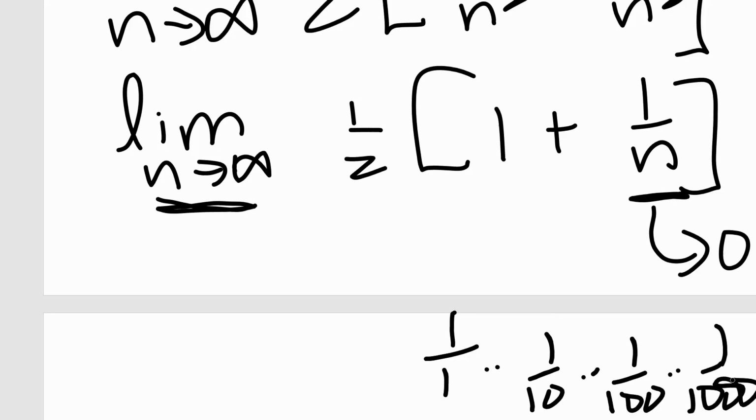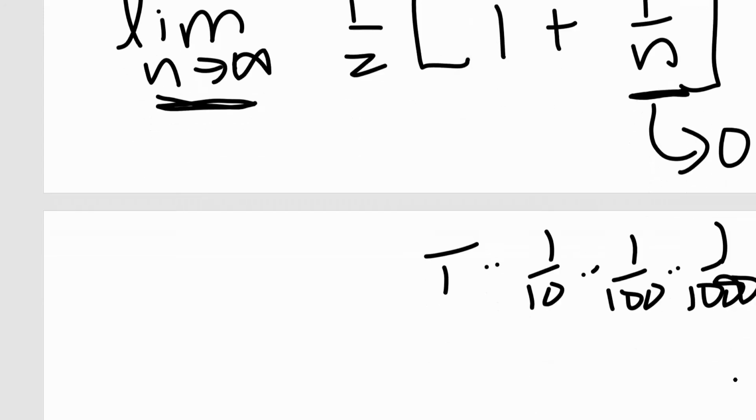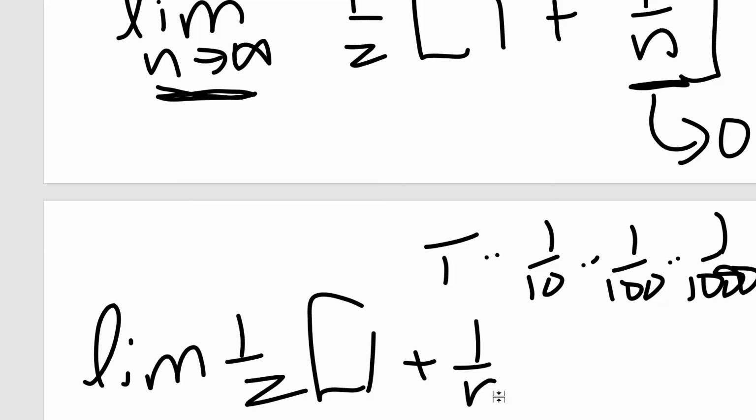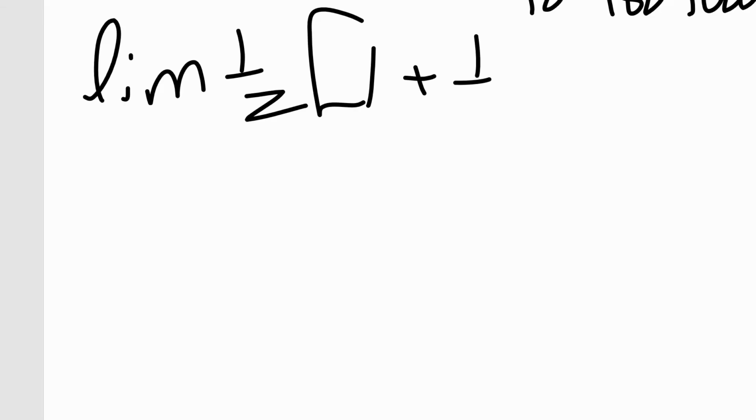So as that denominator continues to grow, the entire value goes to 0. So this then becomes the limit of 1/2 times 1 plus 1 over n, just to repeat it.